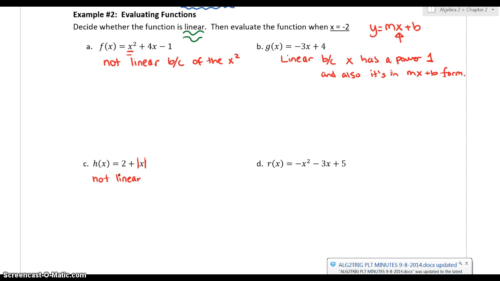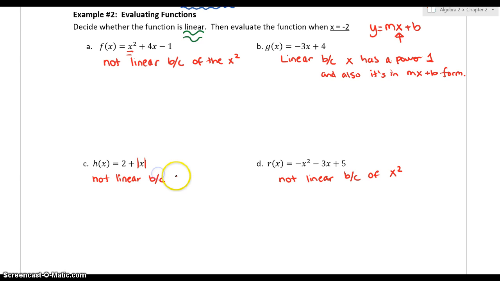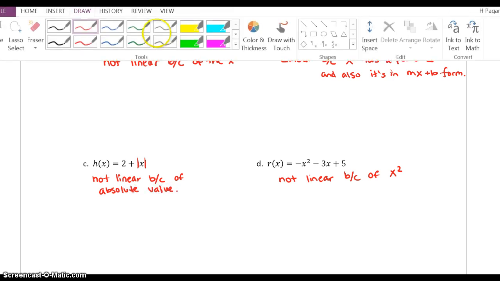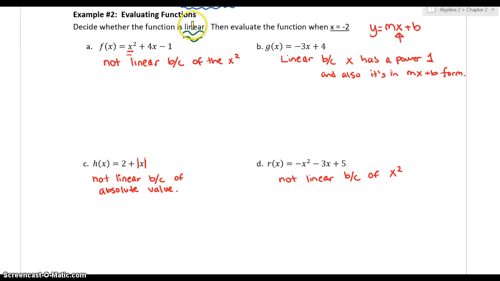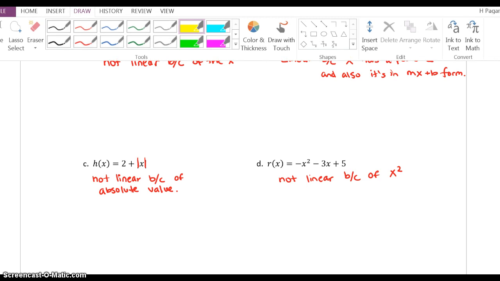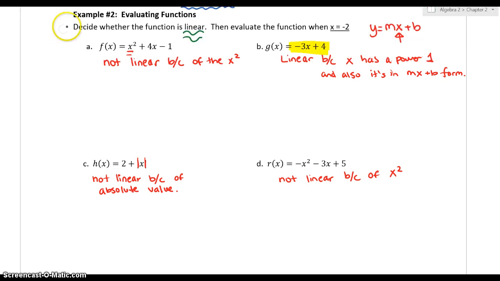We also know that this one is not linear, once again because of x squared. This one is not linear because of, what was it again? Say it with me: yes, absolute value. You got it. Well done. That's how you can tell if something is linear or not. This one was the only one that was linear, once again because it has the form, the things that we need in a line.